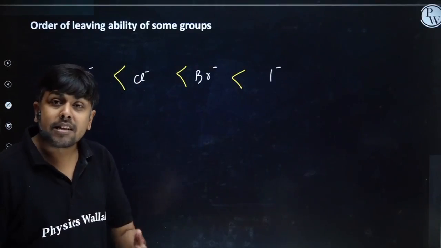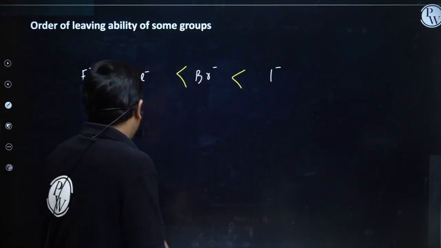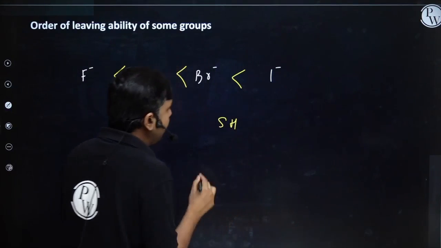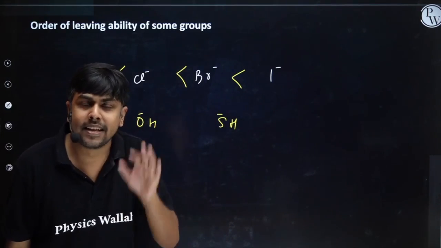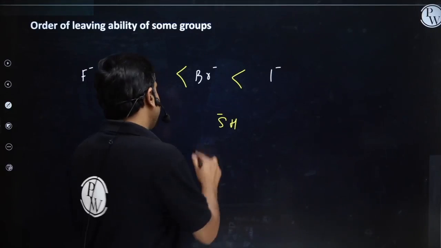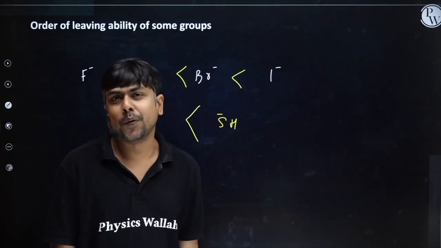And Cl minus is a better leaving group as compared to F minus. OH minus, SH minus, which one is a better leaving group? Charge density on SH minus is less. Lesser the charge density, better is the leaving ability. SH minus will be a better leaving group as compared to OH minus.